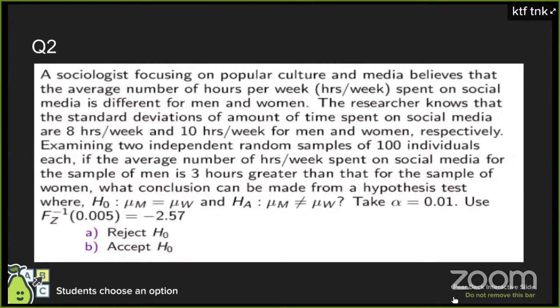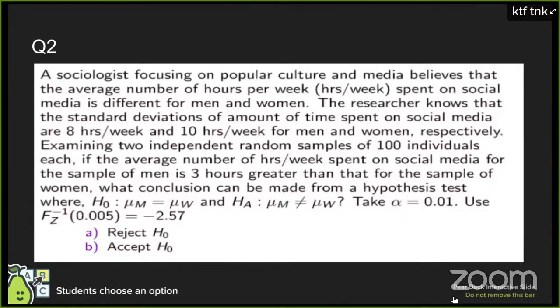So here, what is given to us is the population standard deviation for two different populations, right? Men and women. Men is one population, another population is women.